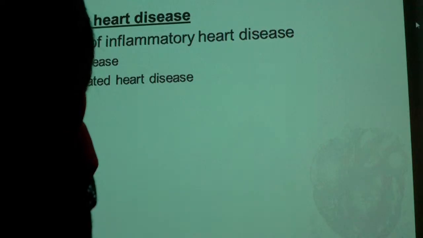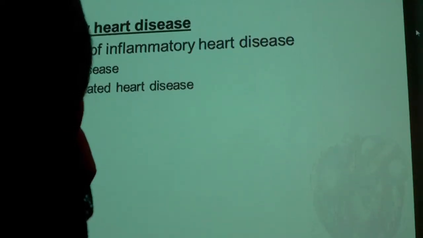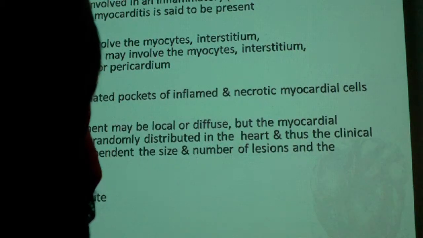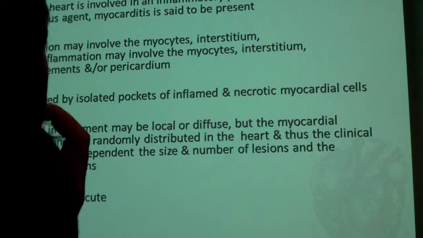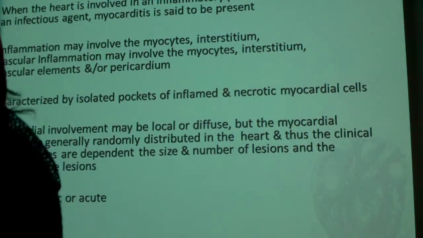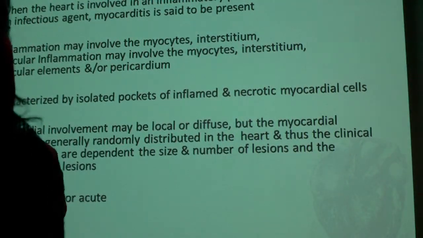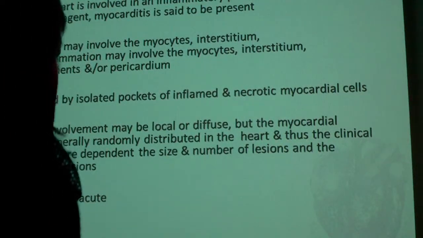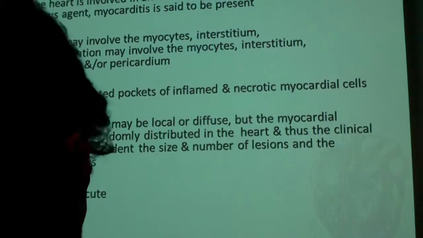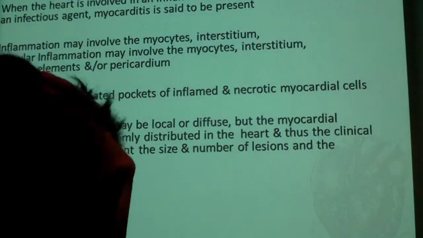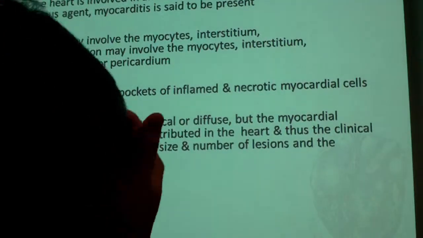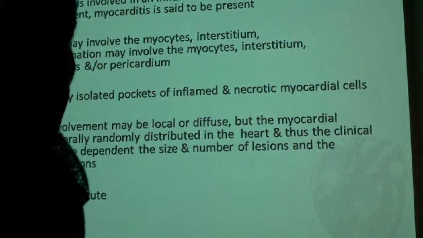And there we go on, and those are the group that we call the inflammatory heart disease. This is a slide with a lot of text, but actually inflammatory heart disease, to keep it simple, is just inflammation of the heart, and depends on what may be the cause. You see, inflammation of the heart is usually an infectious agent, usually viruses or bacteria, not that much in Europe, but also autoimmune diseases we see more and more present.